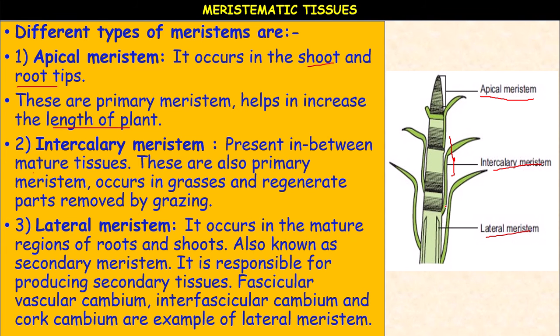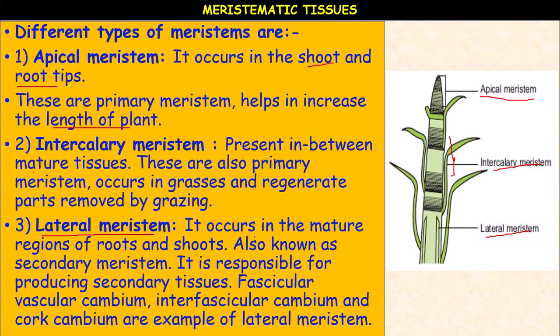Okay. So, what is the function of intercalary meristem? Intercalary meristem helps in the elongation of the organs, whereas apical meristem helps in the growth lengthwise. The next, lateral meristem. What are lateral meristems?